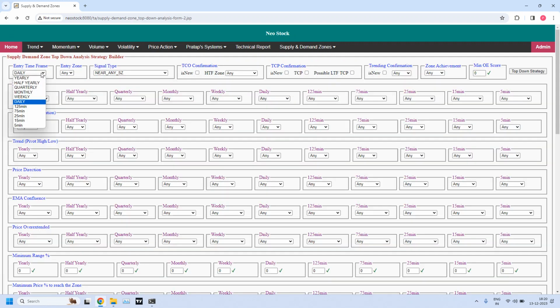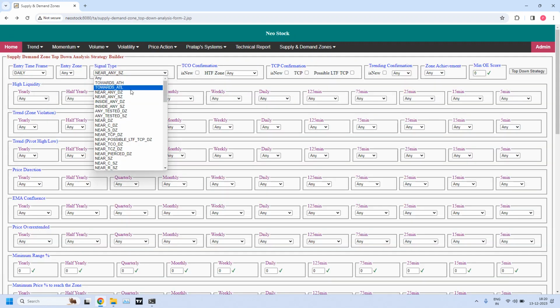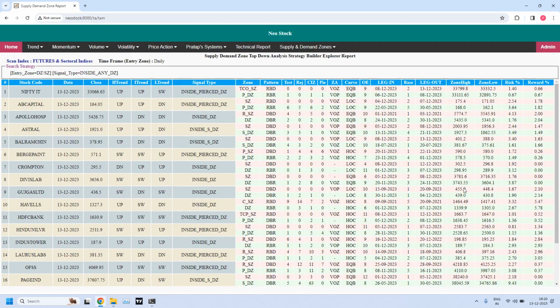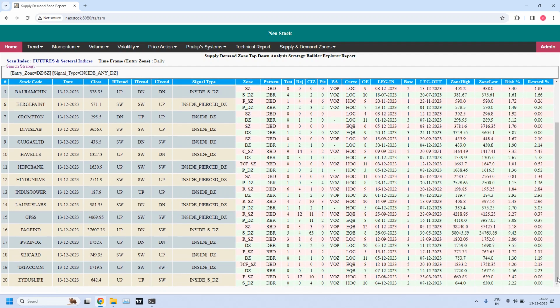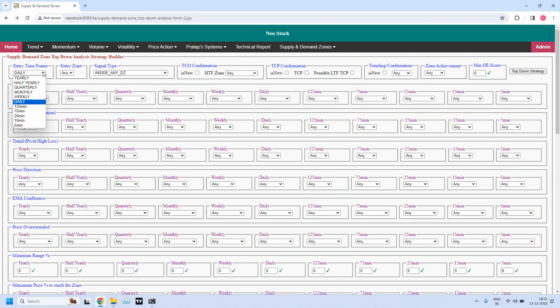Let's go back. Entry time frame is daily. Let us find the stocks which closed inside the daily demand zone. So this is the filtered list. Total 20 stocks closed inside the daily demand zone. Let's go back. Entry time frame is daily.